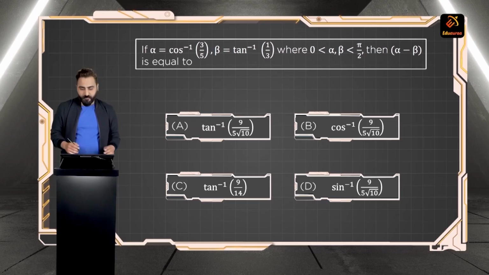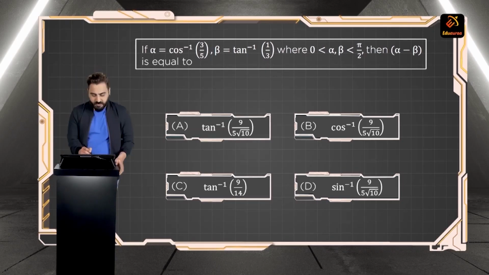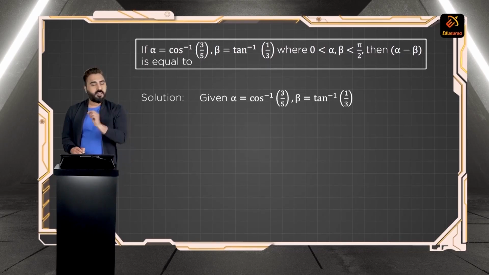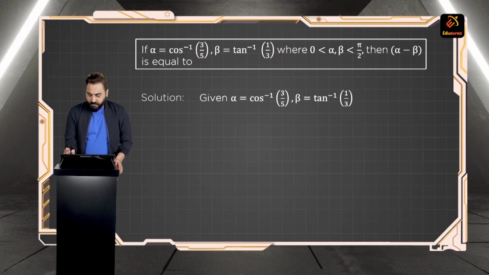And how to start? So students, what is given to us? Alpha is equal to cos inverse 3/5. Beta is equal to tan inverse 1/3.